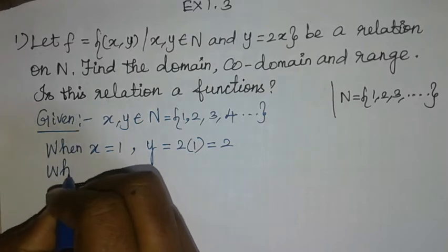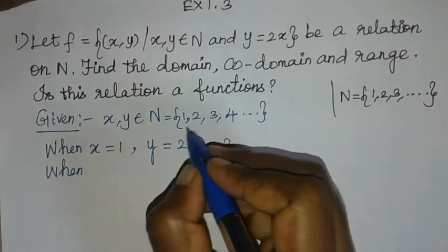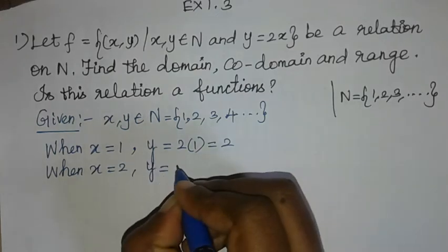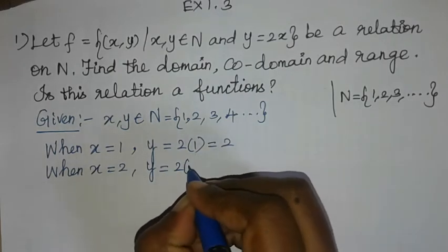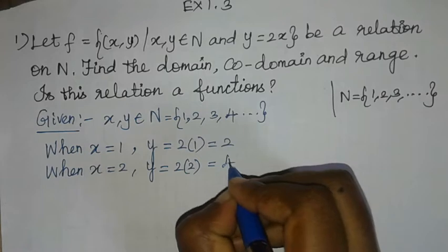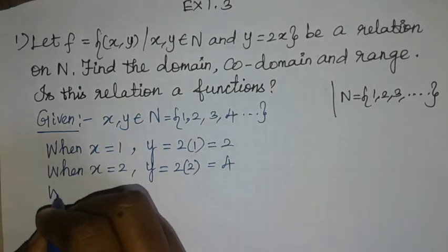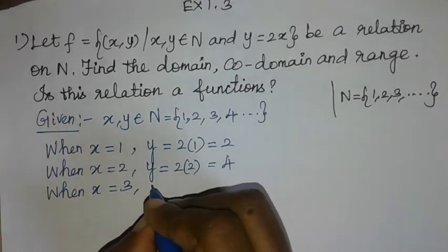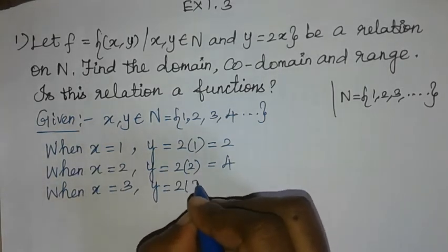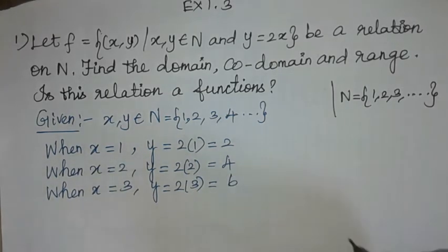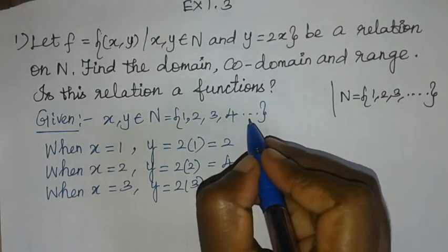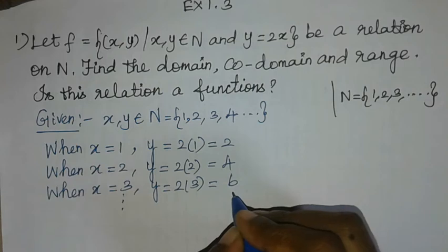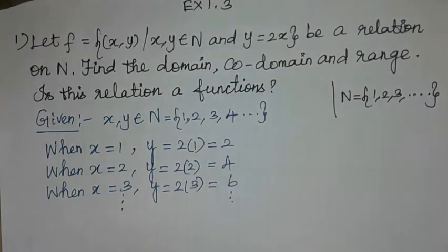Then considering the next x value, when x = 2, y = 2 into 2, so 2 twos are 4. Then we can take some more values. When x = 3, y = 2 into 3, 2 threes are 6. Is there an end for the natural numbers? No, so we can put dot dot dot and so on.